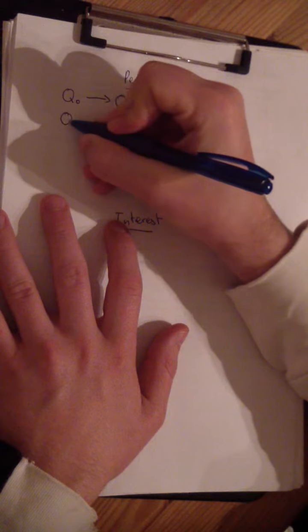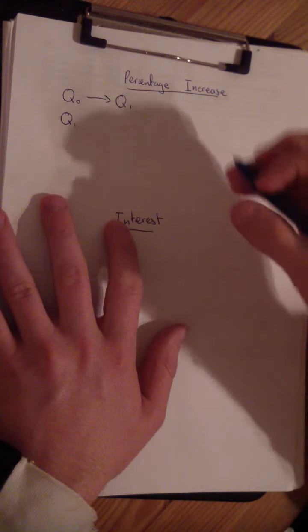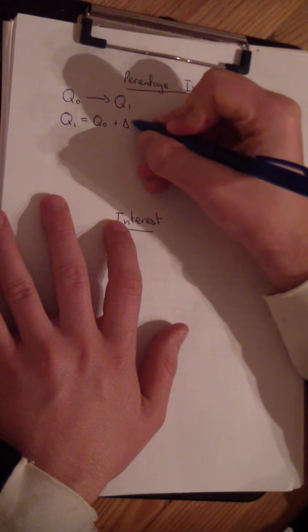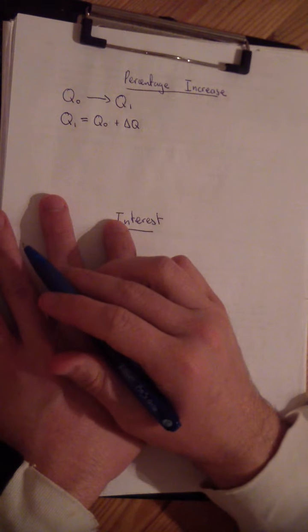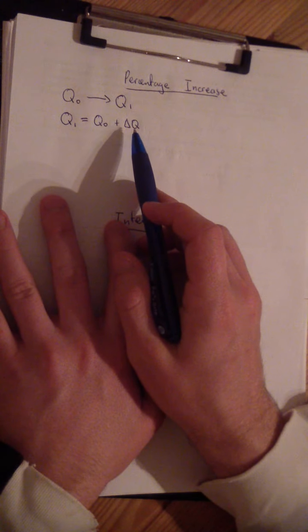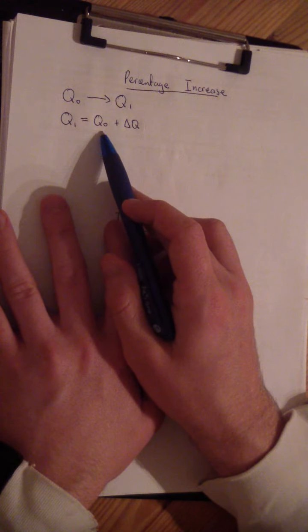Your new quantity, or the new value of the quantity, is equal to the previous value plus the increase, which I'm writing as delta Q, just a change in the quantity. Now the way we set this up is the percentage change is given as a percentage of the original.